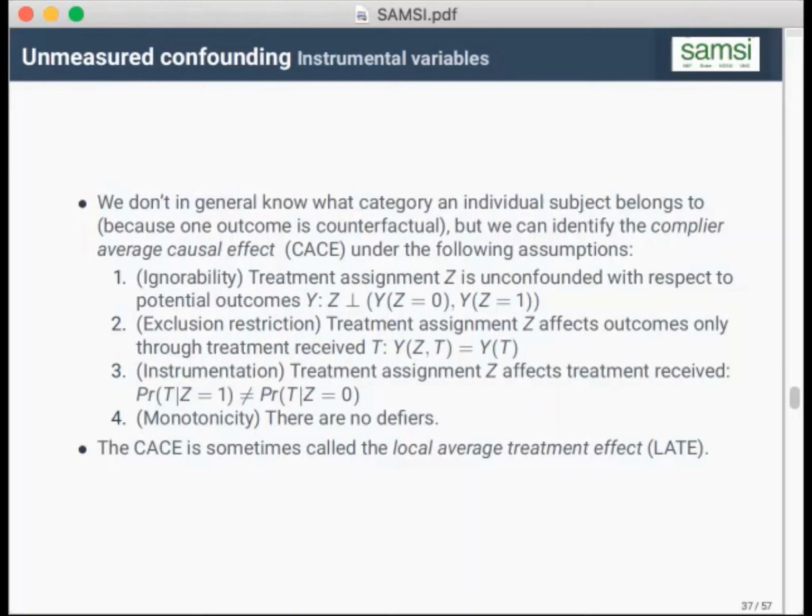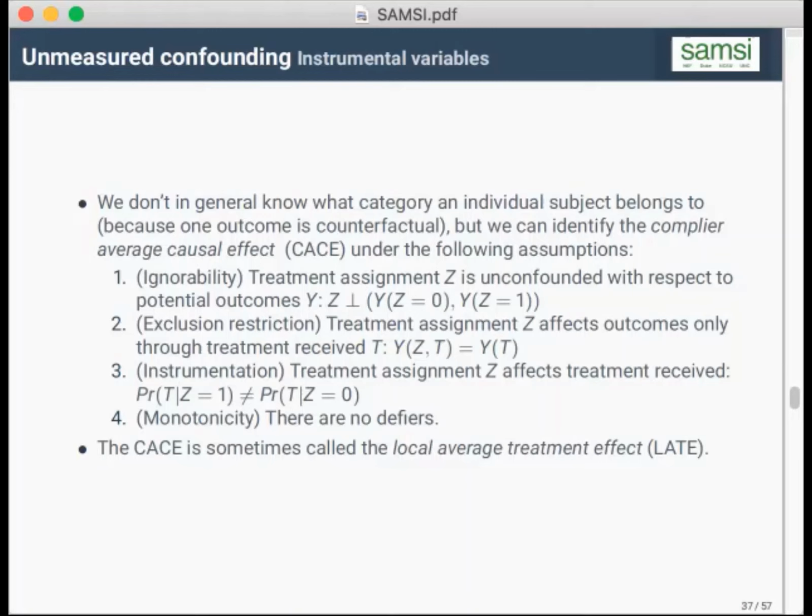The exclusion restriction says that the instrument Z only affects the outcome through the treatment. So there's no direct effect of the instrument on the outcome. And instrumentation says that Z truly does affect T. So, if we have a candidate instrument that we think will help us identify causal effects, if it turns out that Z has no relationship to the treatment or exposure that we're interested in, T, then all bets are off.